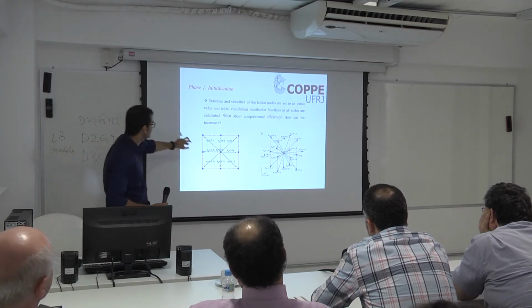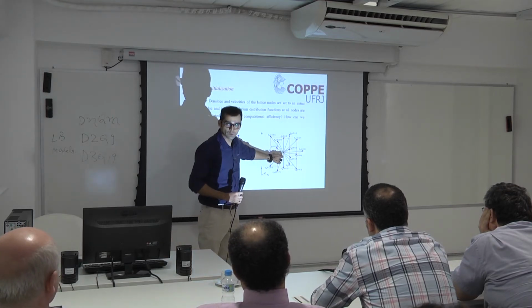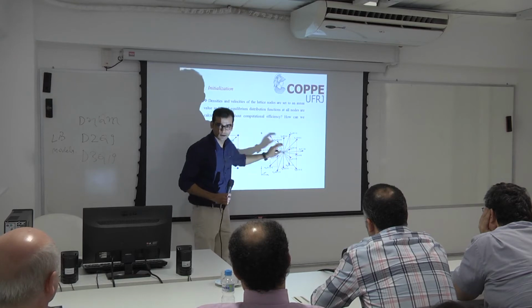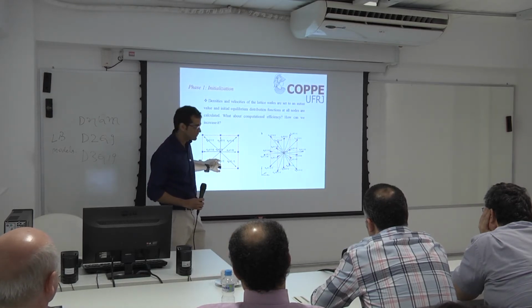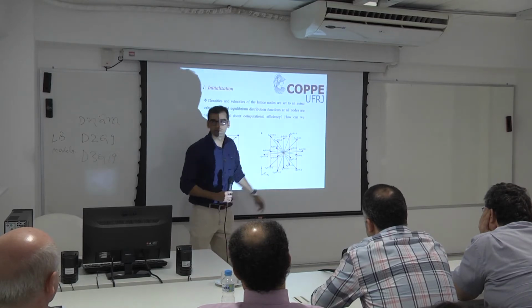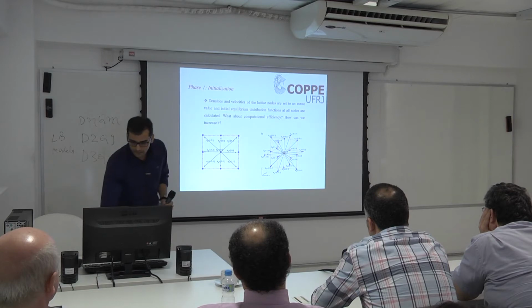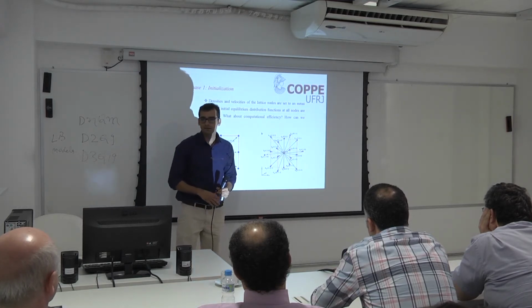So this is how it looks. This is D2Q9. This is D3Q19. Two-dimensional, 9 velocity vectors. Three-dimensional, 19 velocity vectors. What about the computational efficiency?